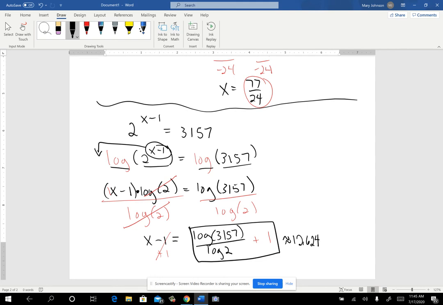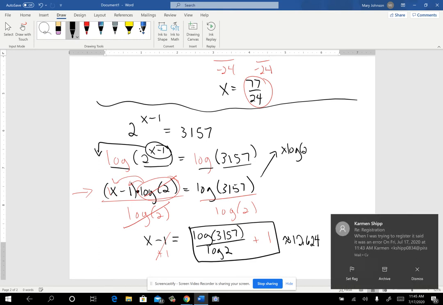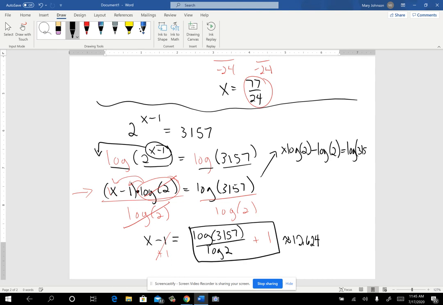All right, now on this one, there's a different route you might go when you're simplifying. So like at this step right here, some people might have distributed the log of 2. So I want to show that so that you know you're not incorrect. So if you did that, you'd have x log of 2 minus log of 2 equals log of 3157. Okay.